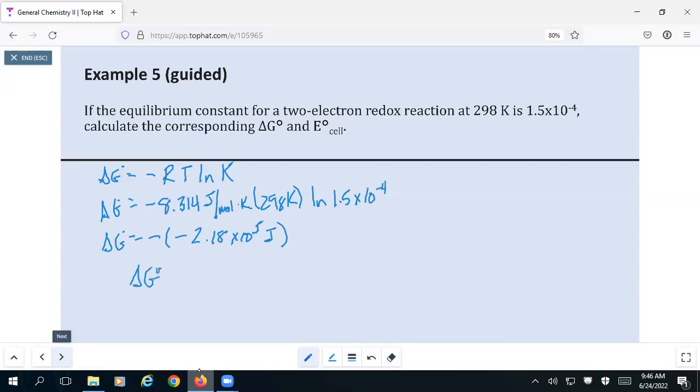So delta G would be positive 2.18 times 10 to the fifth joules, or positive 21.8 kilojoules.